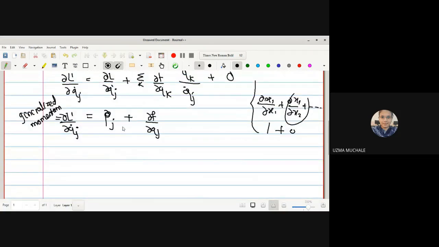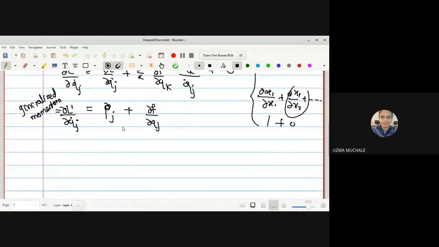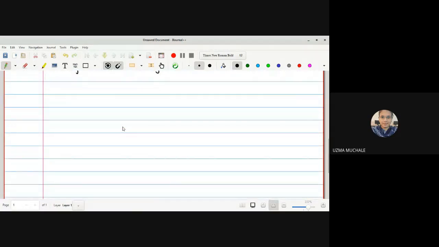Now let us go for proving the result that we have already done. As I told you, we have studied that the Hamiltonian H is a function of the summation over j of pj qj dot minus L, where L is a function of qj, qj dot, and t.